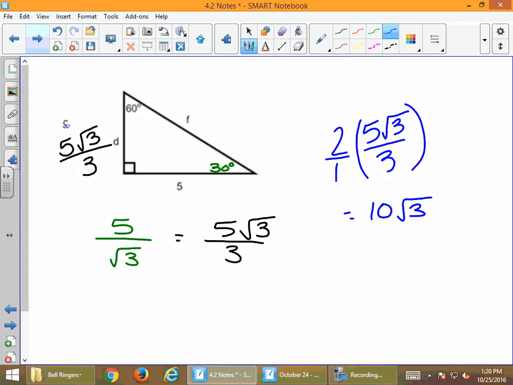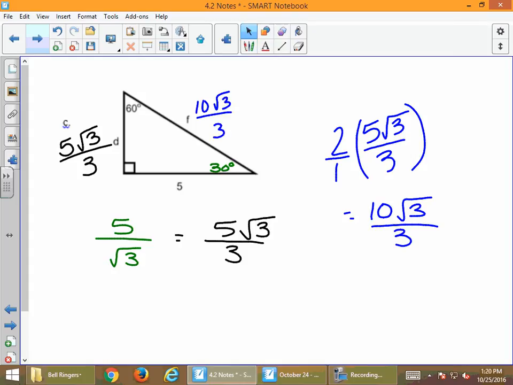That's not going to change. And then 1 times 3 is just what? 3. So that is your hypotenuse. That's a little bit of a trickier one. But you always divide to get your short side. Once you have your short side, you're going to multiply. That's hard. We'll get more practice with this tomorrow. This is probably the toughest example you see.